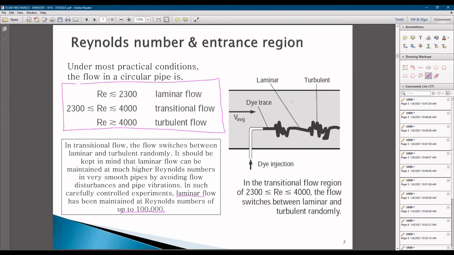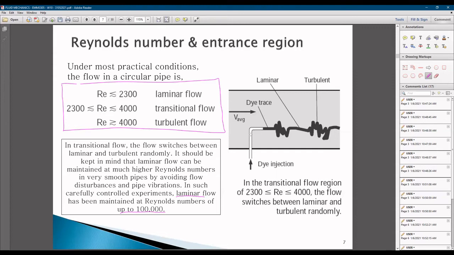It is filled with water, and that water is moving from the left to the right at a speed of V, the average velocity of the flow. And here there is a tube.